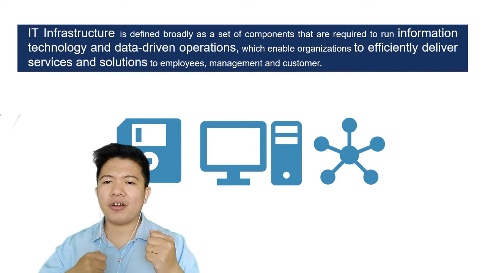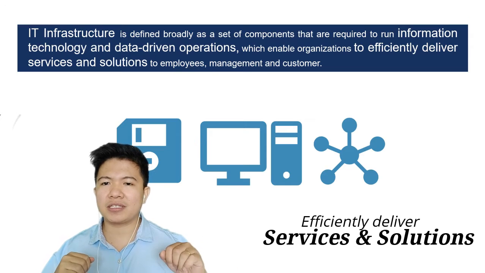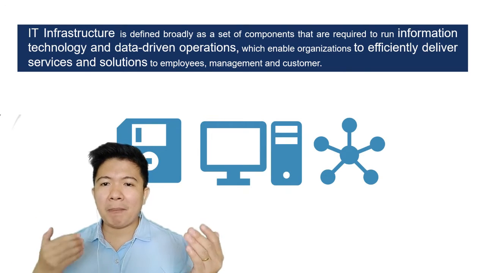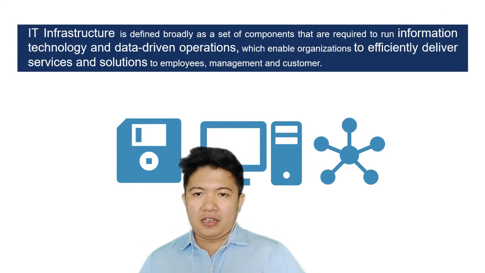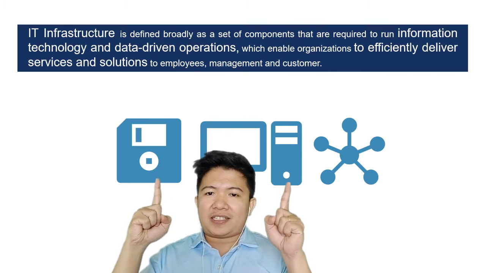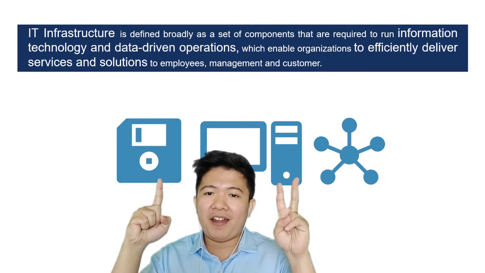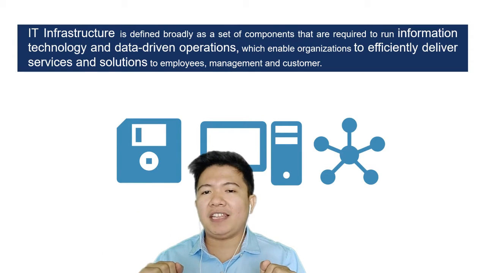This infrastructure enables organizations to efficiently deliver services and solutions to its customers, suppliers, partners, employees, and to its top management. These three icons up here are the symbols of the basic components of IT infrastructure.